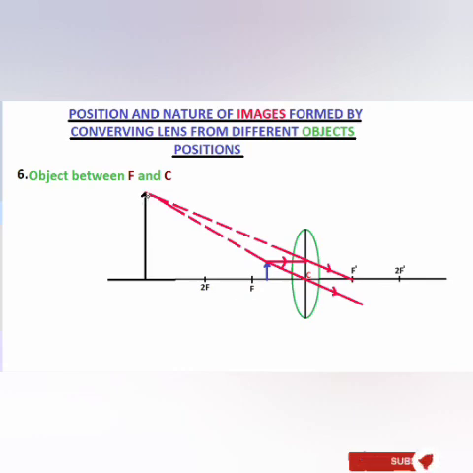So I have to break the lines to show that it is virtual. So the nature of the image formed is that the image is magnified, erect, and virtual, and it is formed on the same side as the object. You can see that the image is bigger than the object.